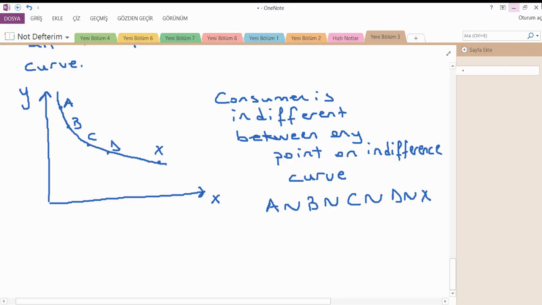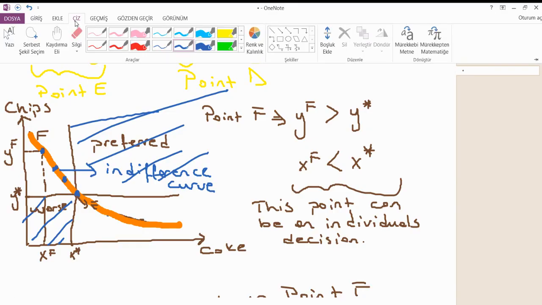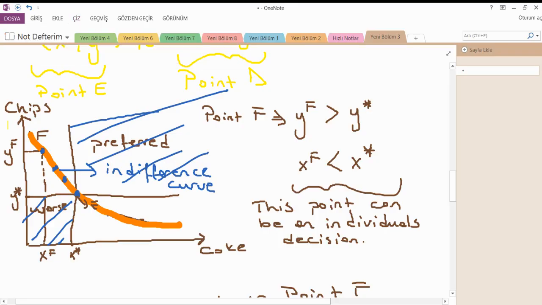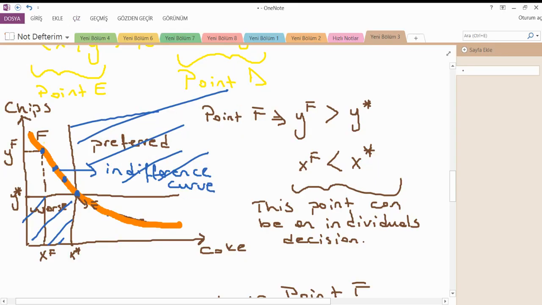But if the consumer wants to get more satisfaction, what does he or she have to do, do you think? Maybe he or she has to go to another indifference curve, which is going to give much more utility to the consumer, okay? So as you see, I can draw here, for example, another indifference curve here, okay?